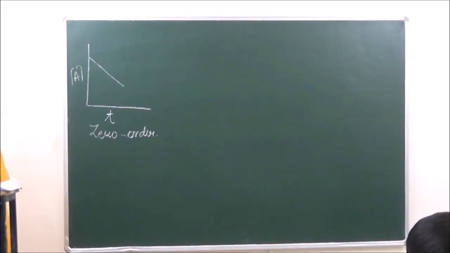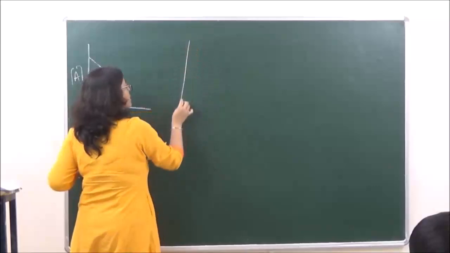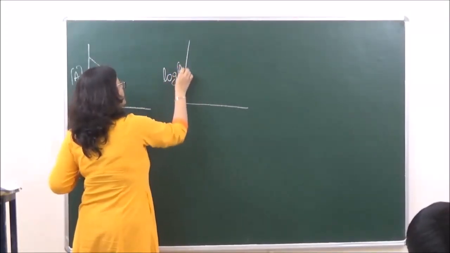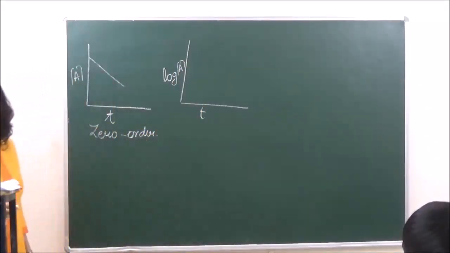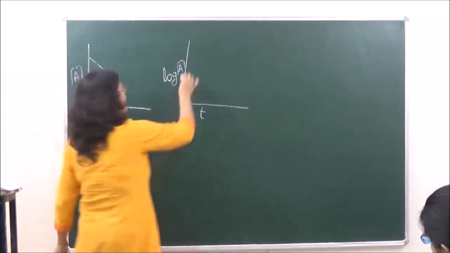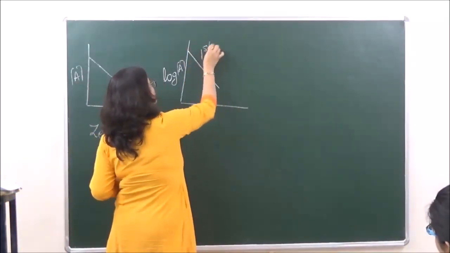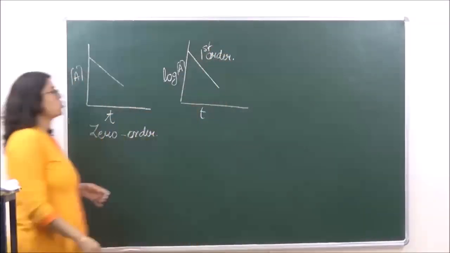Now if we are plotting a graph between log of A and time, and the graph comes like this, then this is for first order.